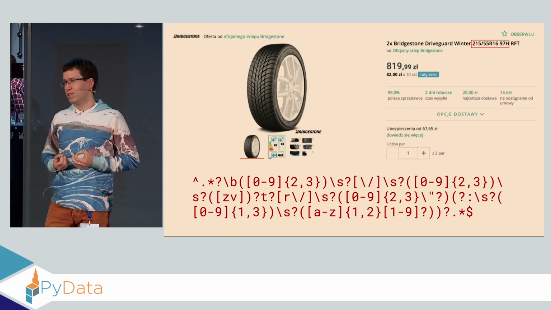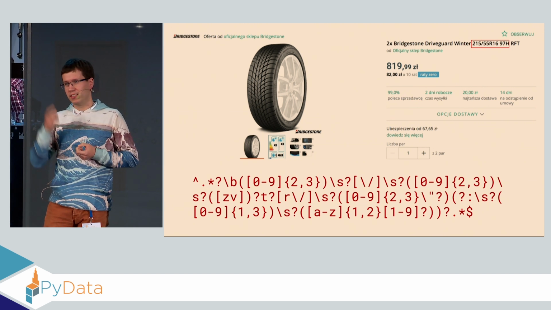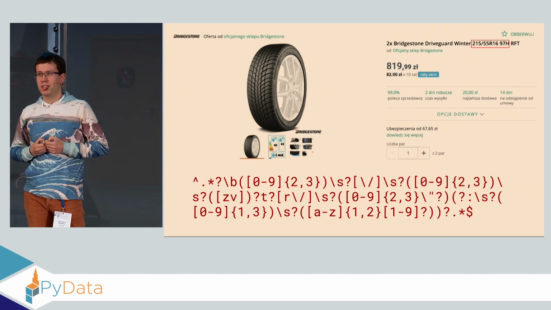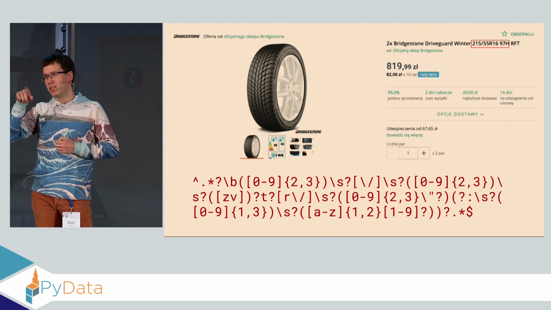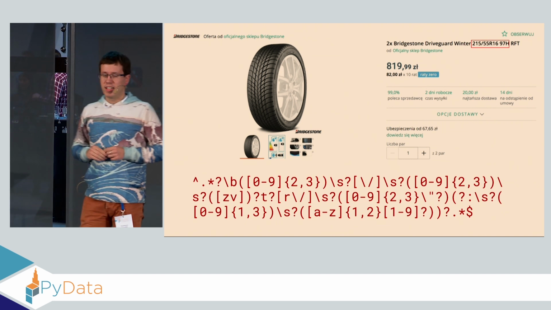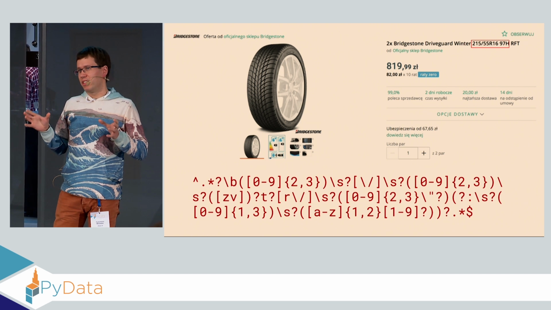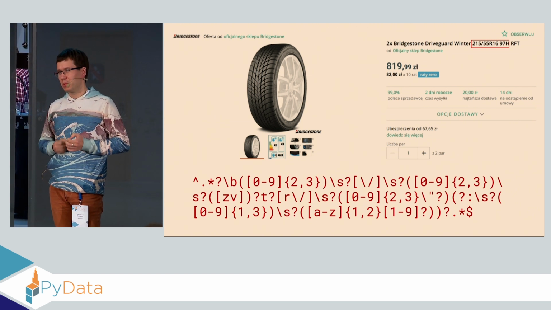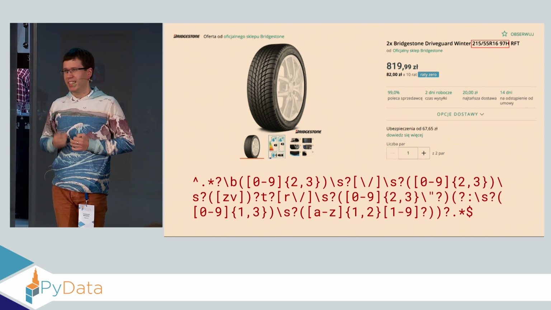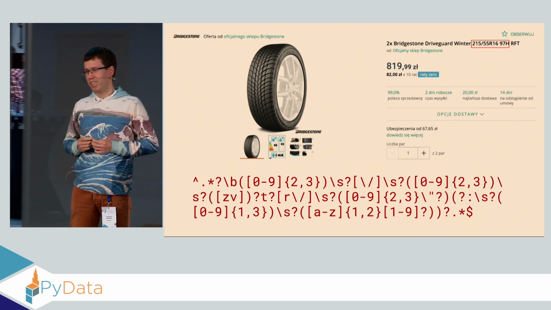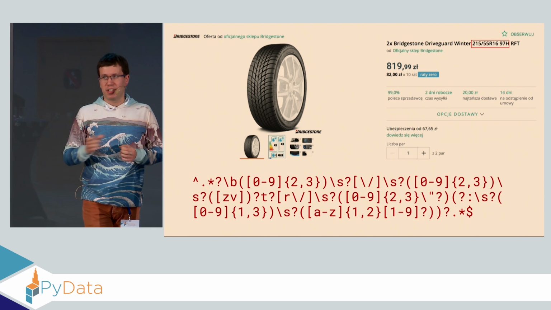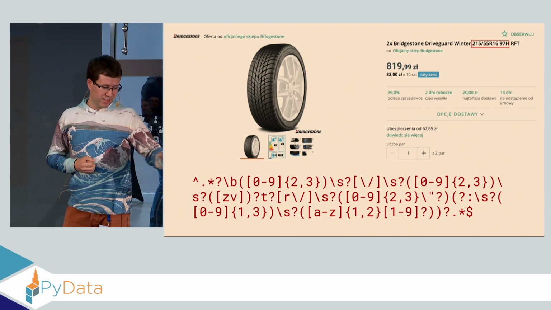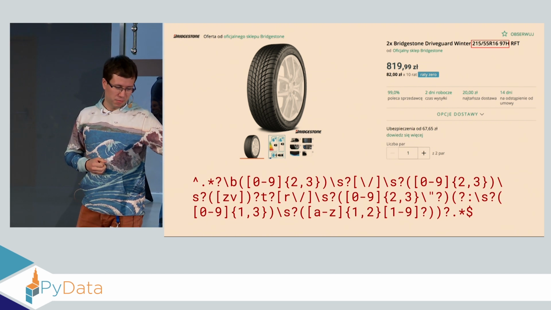You can try using, for example, regular expressions. This gibberish text that you see on the bottom is a regular expression to identify the name of a kind of car tires. As you can expect, this wouldn't work for many different categories of products. This is very limited, but in this case, it actually worked pretty well.